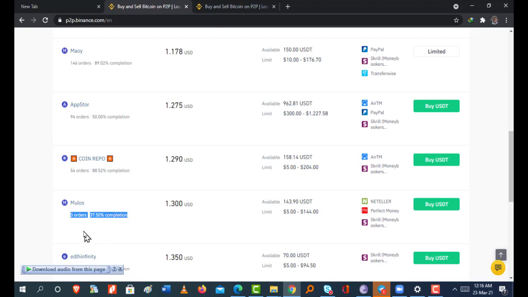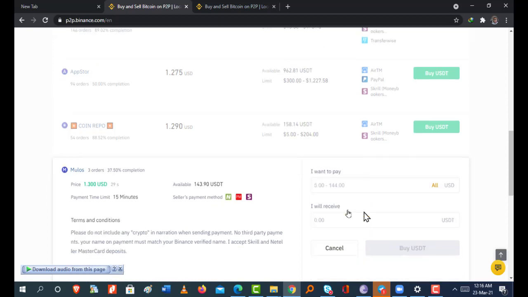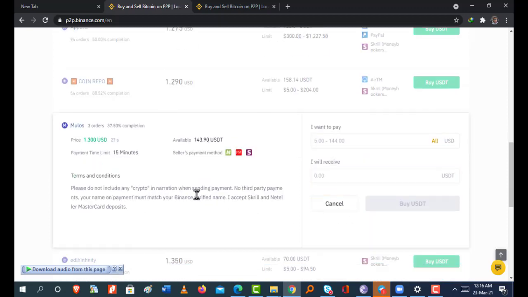I'm a reliable vendor and all of that, but I haven't transacted much in this, so I'm still low in the ranking. If you click on buy USDT, it's going to show you my rules. Please do not include crypto and all that stuff, the rules I put earlier. And here, in case someone wants to buy 5, if someone puts in $5, they're going to receive 3.84.